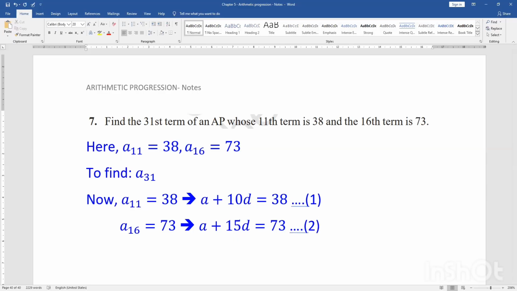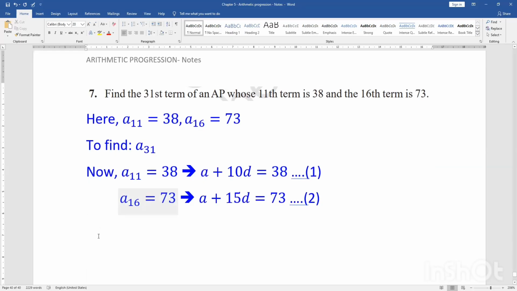Now we can do 2 minus 1. Let us do that: equation 2 minus equation 1. When we do this subtraction, what will happen?